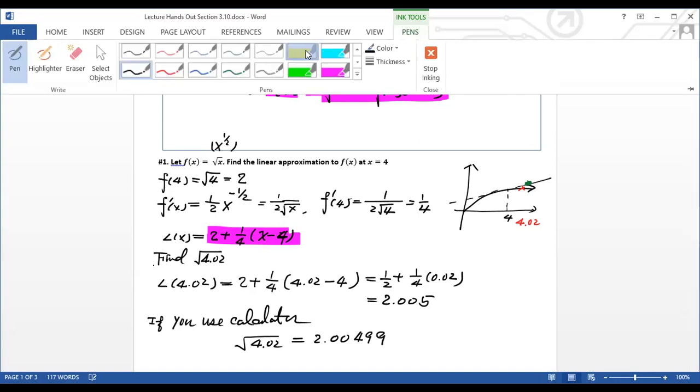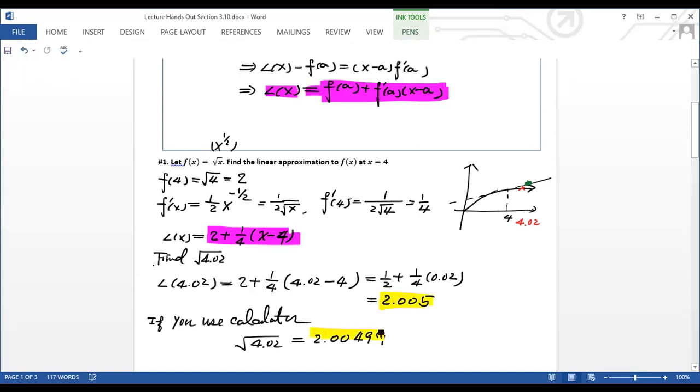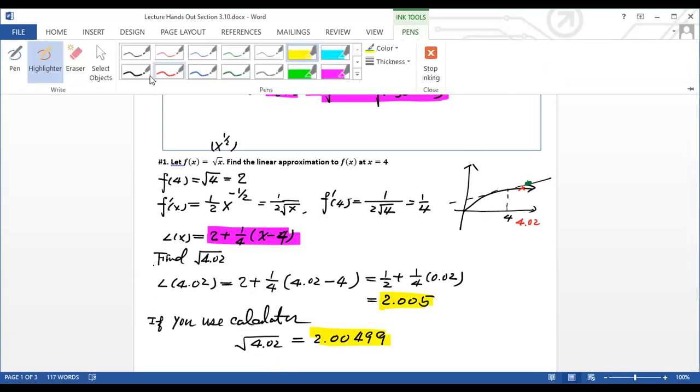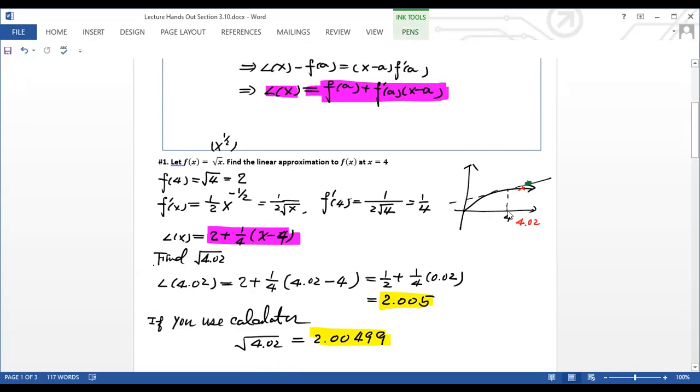Look how close. This is so close, right? So we know that with linear approximation, if you are not too far away from the point where you know the value, then the approximation will be pretty good here.